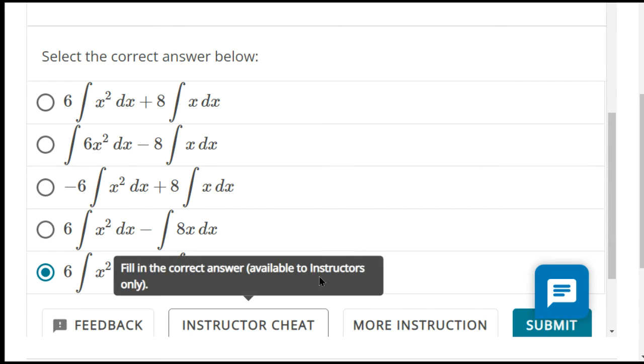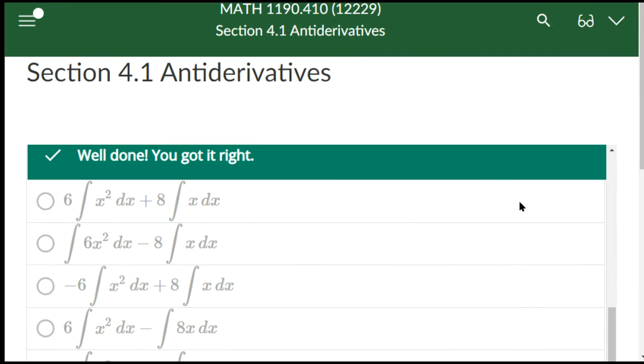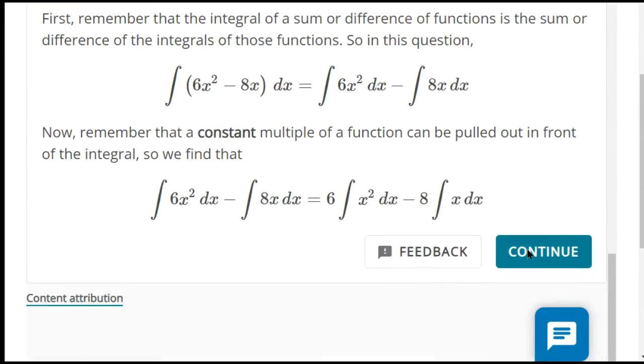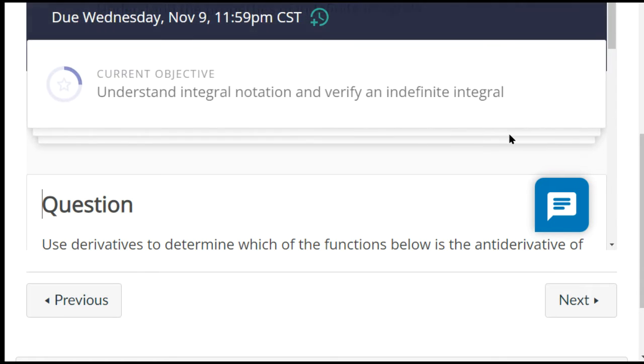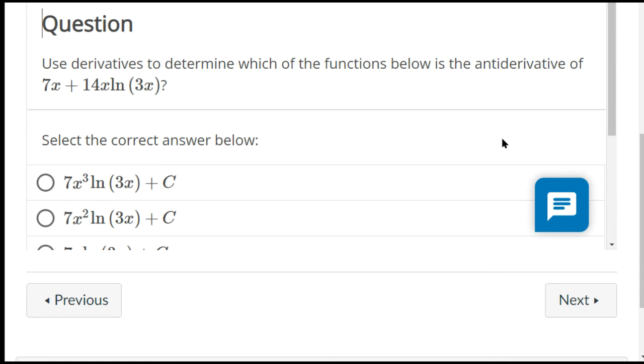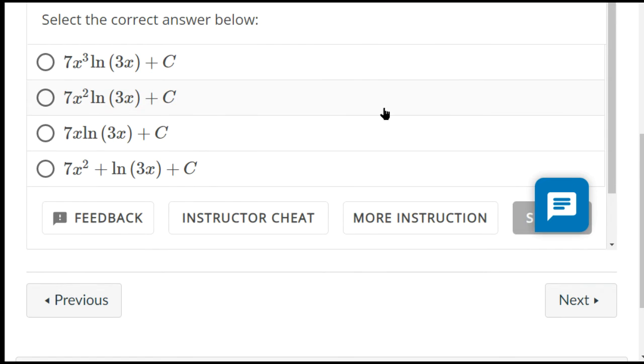Is that it? Be careful. There we go. Use derivatives to determine which of the functions below is the antiderivative of this thing.